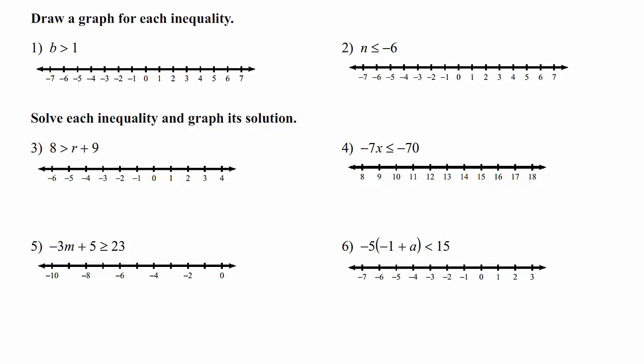If we look at number 1 and number 2, all we're asked to do is to draw a graph of the inequality. So the things that are important here is whether it is equal to or not equal to. So 1 is not equal to because it doesn't have a line underneath the inequality, whereas 2 does have a line underneath the inequality, so 2 is equal to.